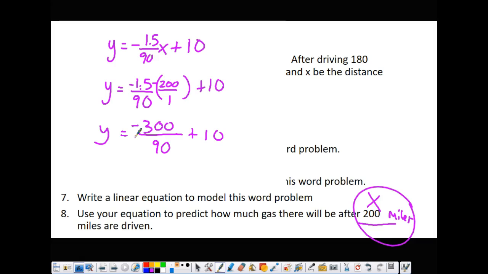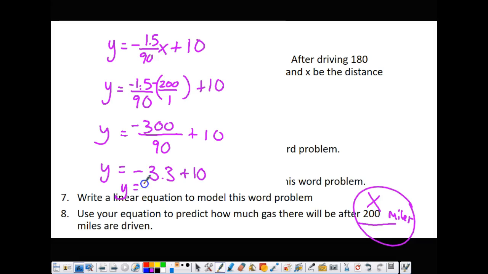So what does that come out to be? What's 300 divided by 90? I'll just round to 3.3. And so what is negative 3.3 plus 10?